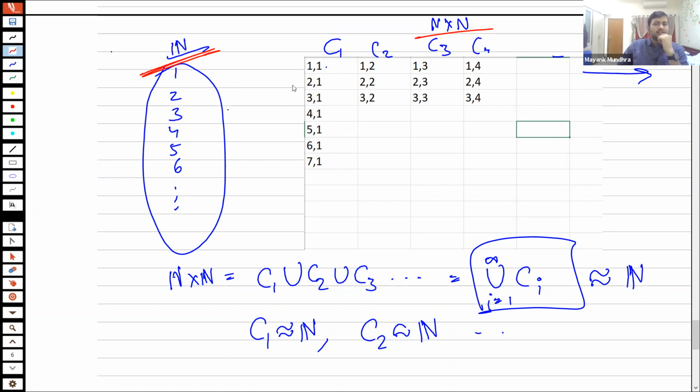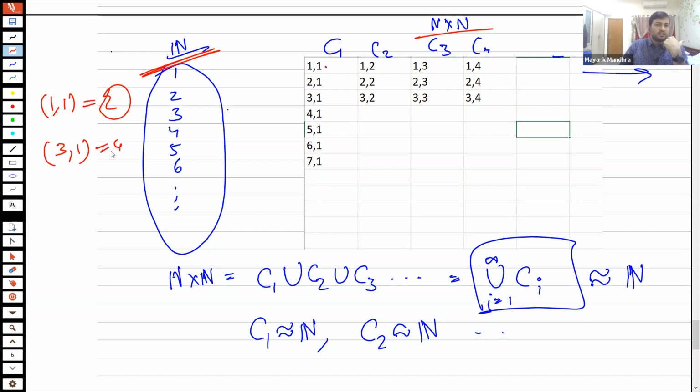One such ranking system is that whenever you want to rank a particular element, you look at the 2 digits and you add them. If the sum of digits is smaller, you rank it smaller. So if I am comparing 1, 1 and 3, 1, then 1 plus 1 is 2, and 3 plus 1 is 4.